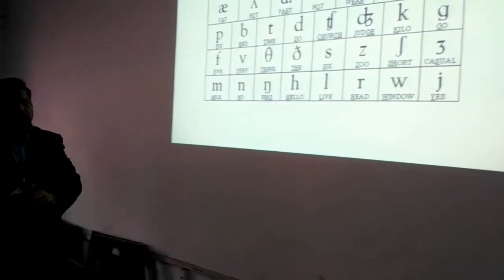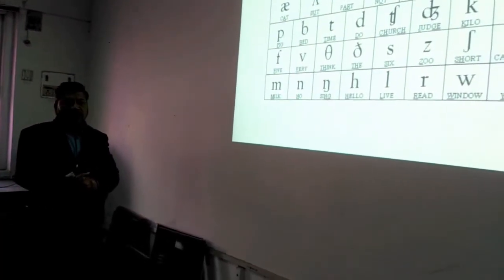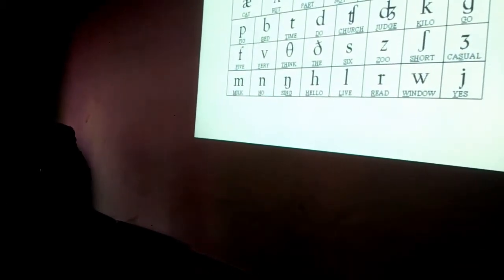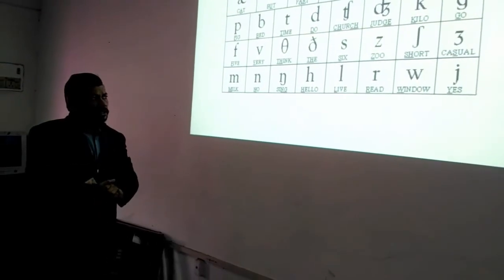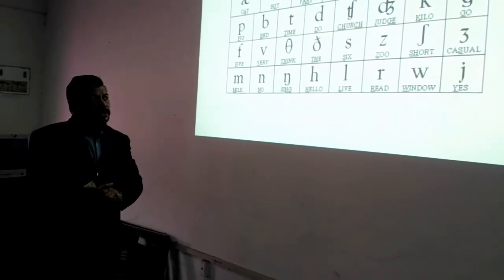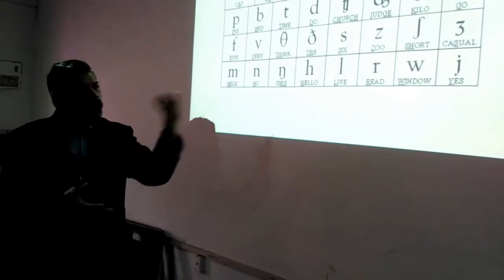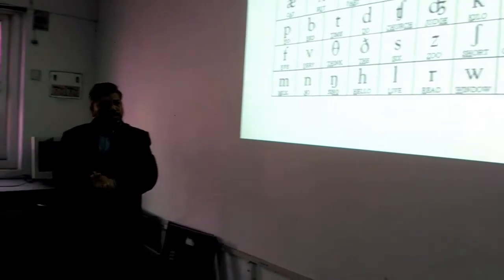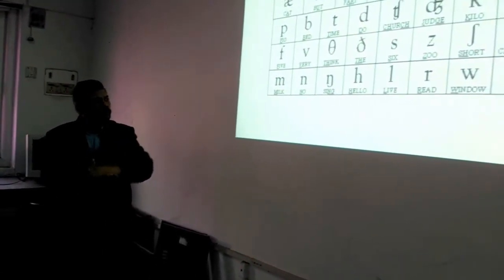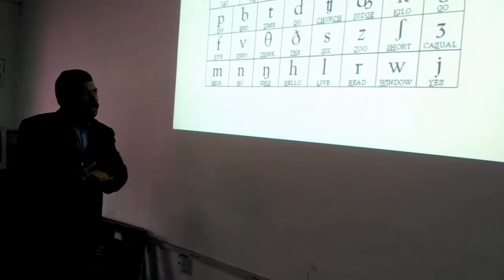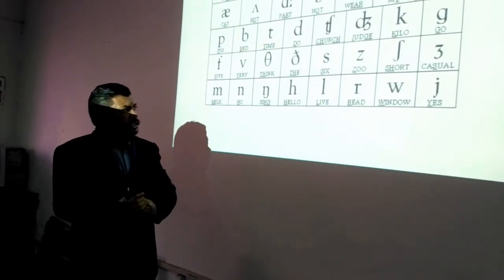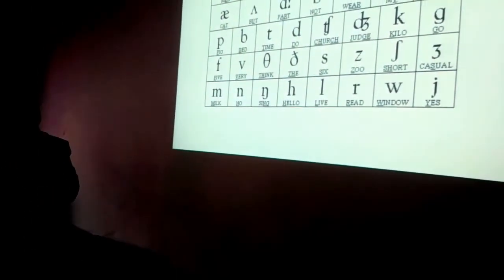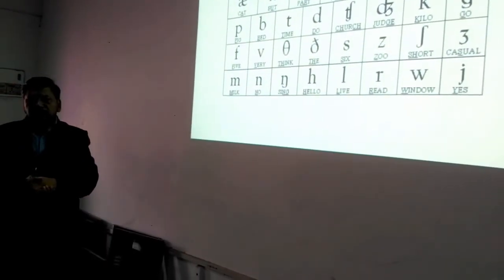Then there comes fa in five, va in very, and then tha, think, da, the, and sa, six, and za, zoo, sha, in short, zha in casual, and then there comes ma, in milk, na, now, then nga, as in sing, and ha, hello, then la, live, finally ra, red, and wa, as in window, and ya, year.